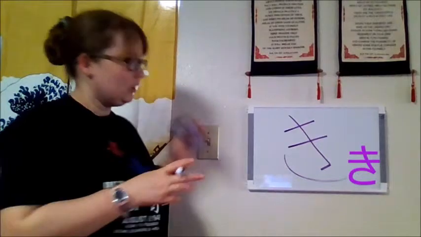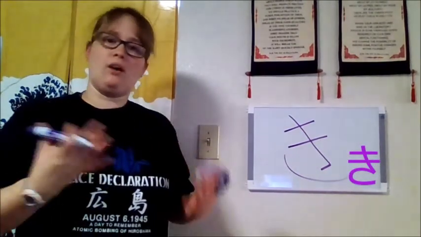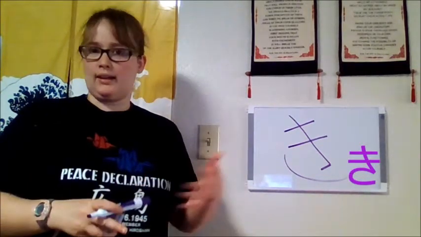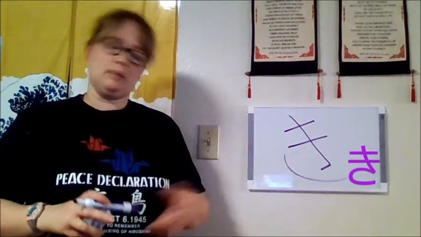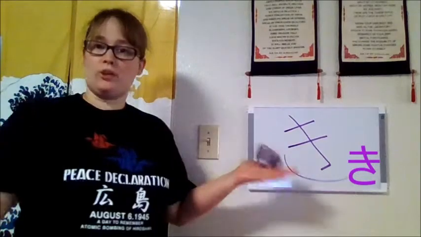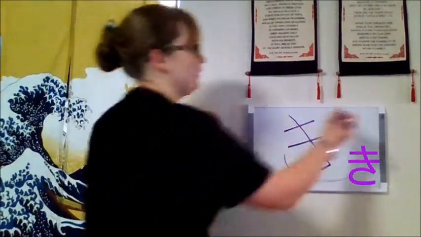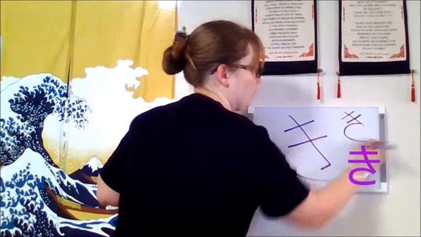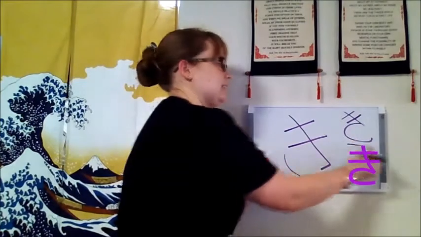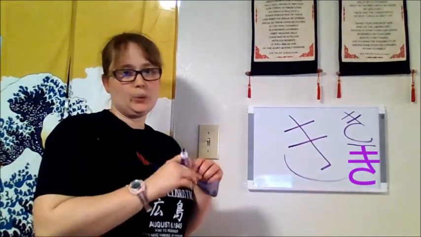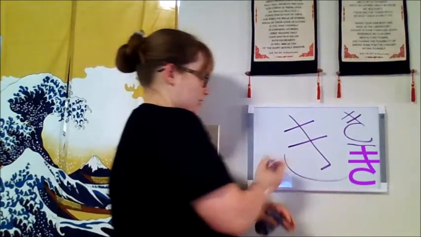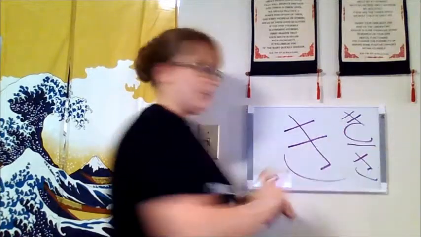This is Ki. Now, interestingly, Ki, depending on the font of your website, or you know how we have Sans and Times New Roman and Calibri and Comic Sans. Well, Japanese also has a bunch of fonts, and sometimes you might see Ki written like this. It is not incorrect to write Ki like this, but I don't recommend that you start off writing Ki like that, because you're going to have the character Sa, which looks very similar.